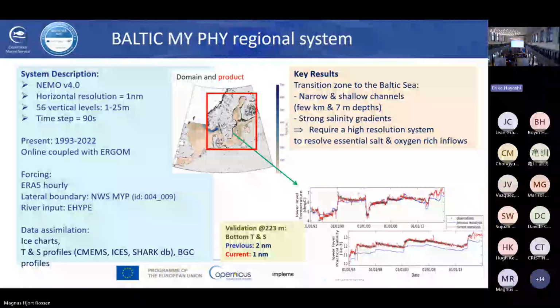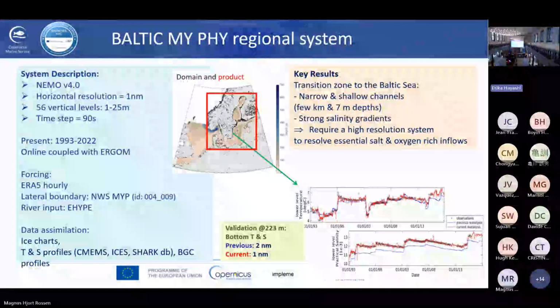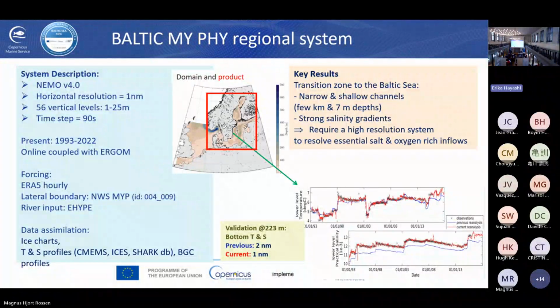So in reality, we have a larger domain because we have to get the inflows into the Baltic Sea, or the salt water from the North Sea. Behind our physical component, we have the NEMO model, which is right now NEMO 4.0.